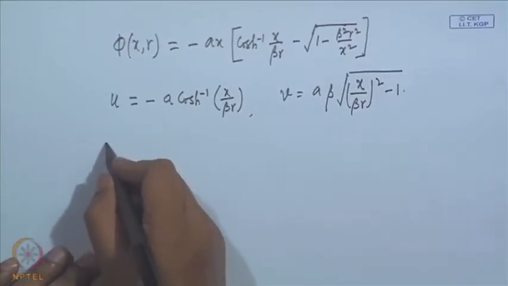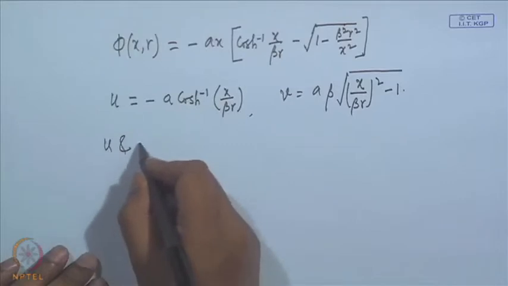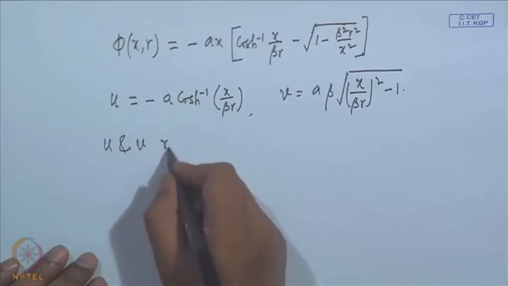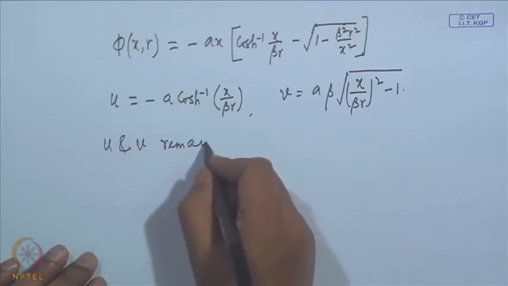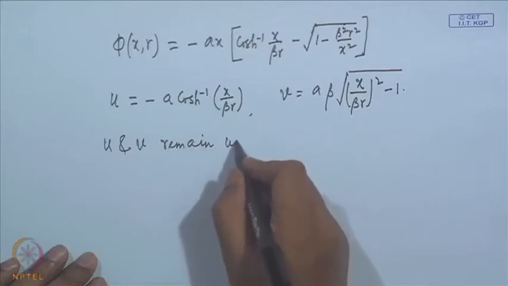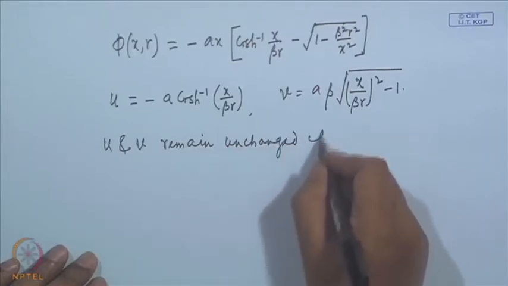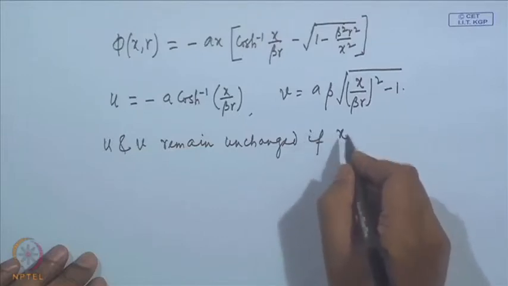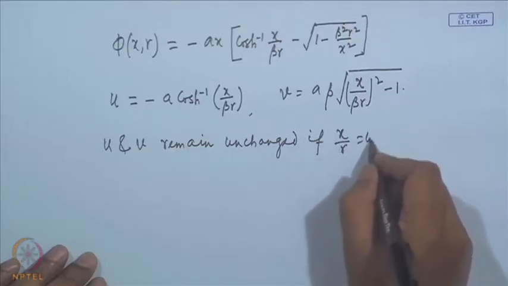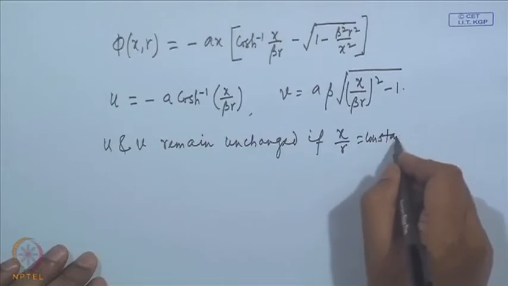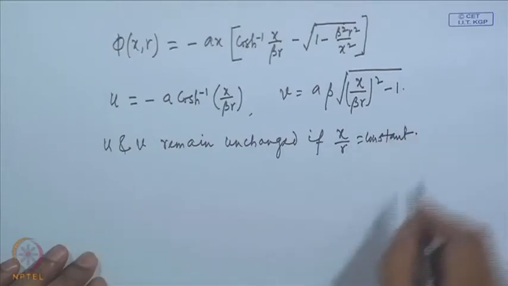So, u and v remain unchanged if x by r equals constant.